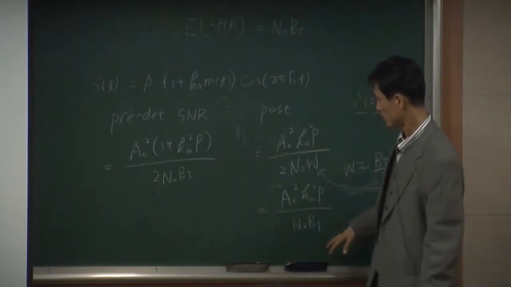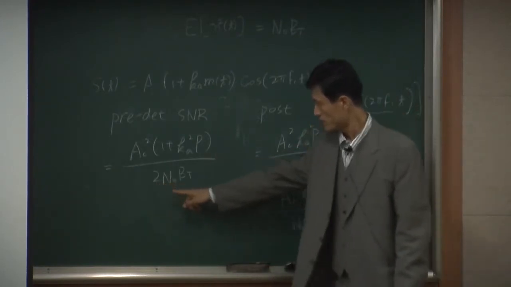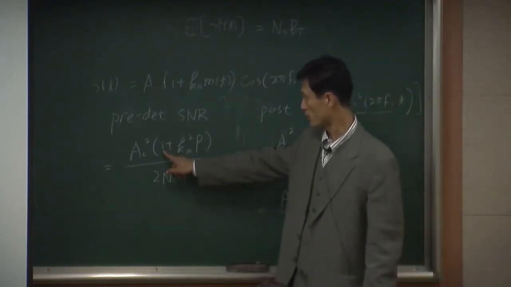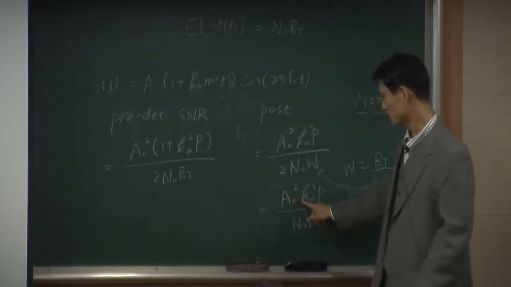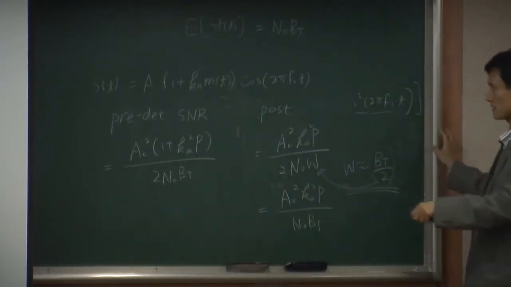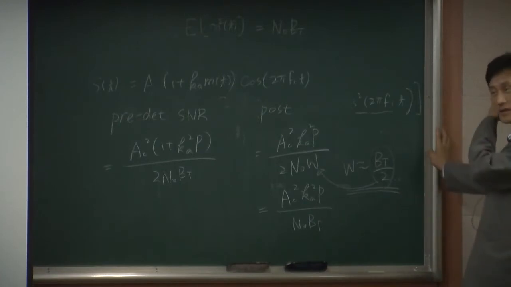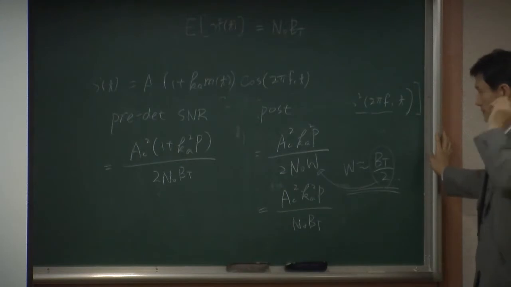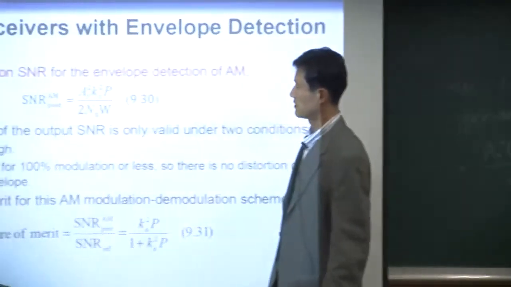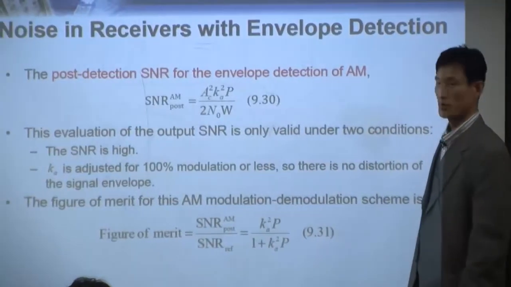It's hard to compare because we have 2 here, but there's no 2. In this case, we have 1 plus Ka square, but this one is just Ka square. So it's not easy to compare, but that's the result. Pre-detection SNR, post-detection SNR. Okay. So that's how to calculate pre-detection and post-detection SNRs.